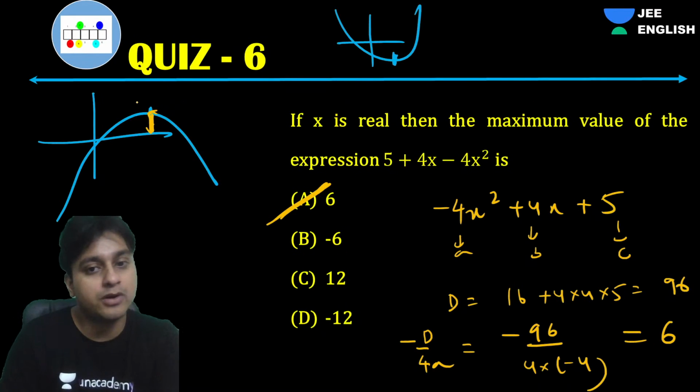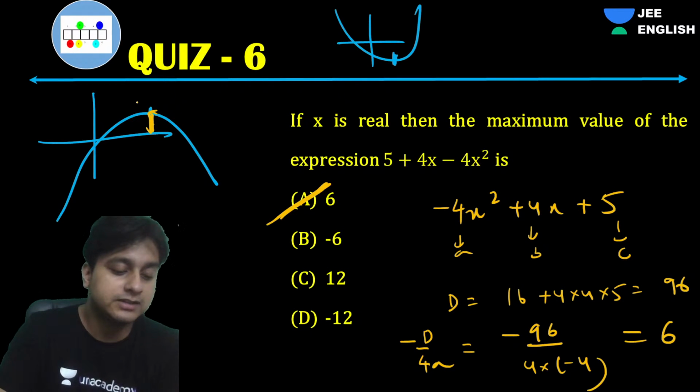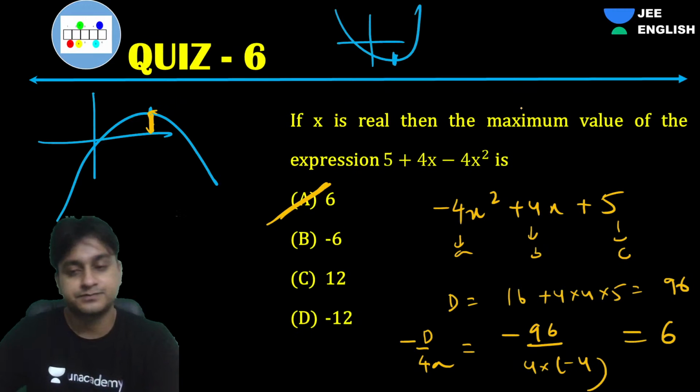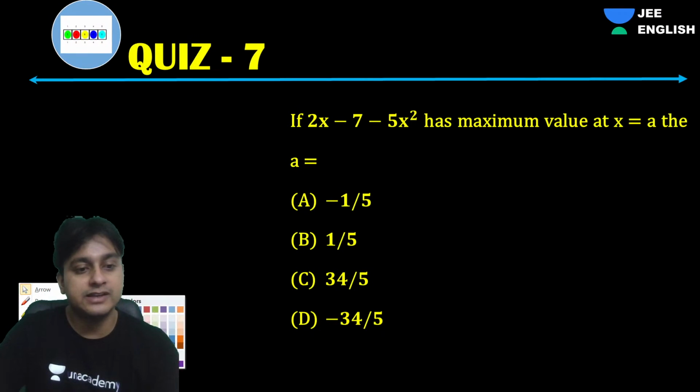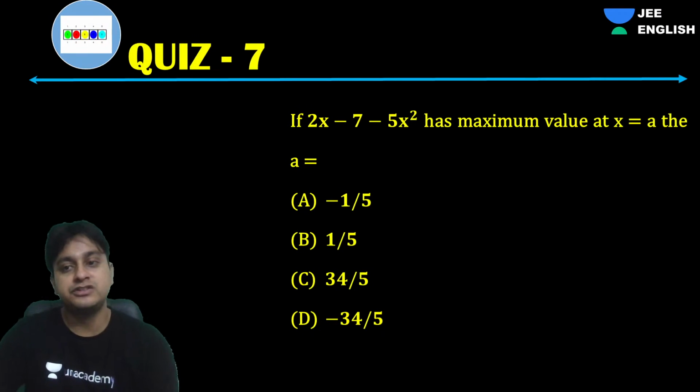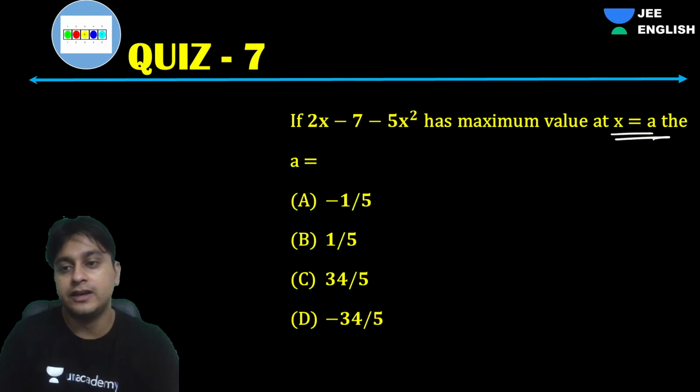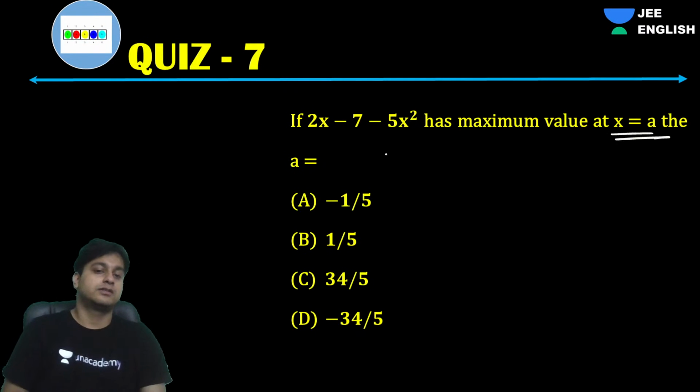The vertex is important for this kind of parabolas. We can use it to find the least value or maximum value at which x equals a.